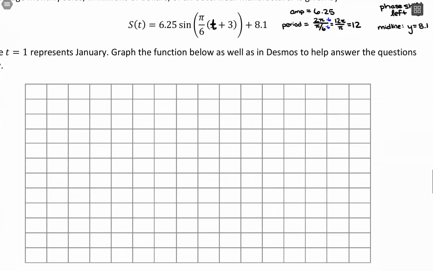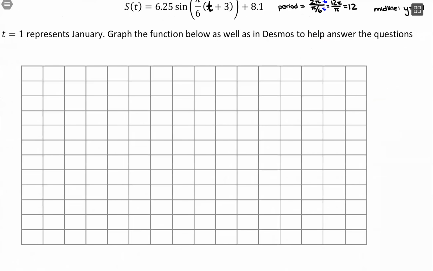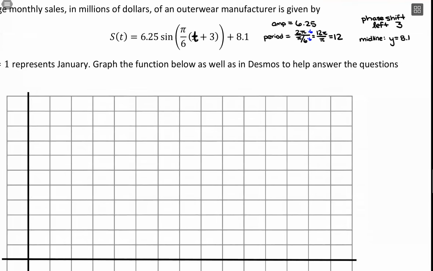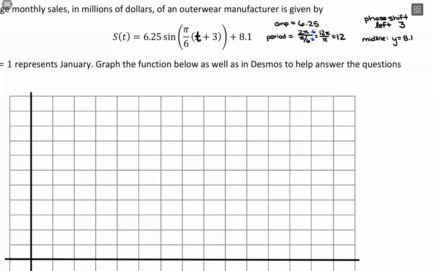Alright, let's make our axes. So this should be pretty much all in the first quadrant, and that's going to typically happen with our word problems. Rarely will we be dealing with negative numbers. And for the y-axis, let's take a look at our midline and amplitude. So with that, I could think about the range of this graph. So the domain's all real numbers, even though we'll talk about how that adjusts for application.